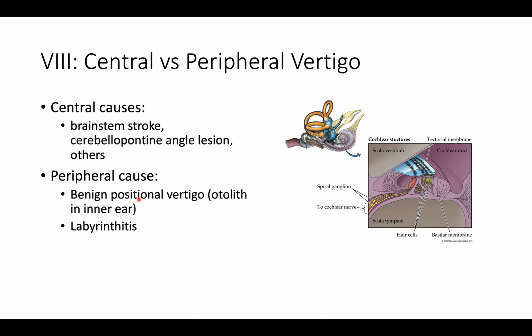The last one is cranial nerve number 8, which is responsible for hearing. So we want to talk about central versus peripheral vertigo. Central causes may be stroke in the brainstem, or cerebellopontine angle lesion, or others. Peripheral causes, the most common is benign positional vertigo, where there are otoliths in the inner ear, or labyrinthitis.